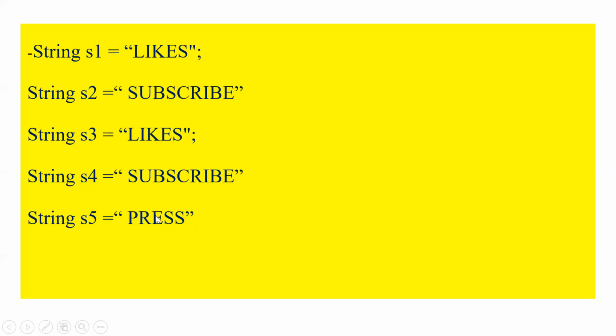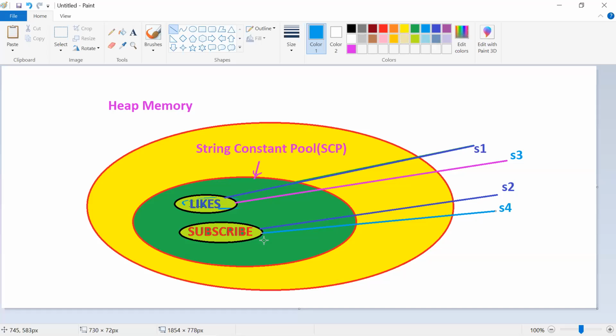Next, string s5 = "press". s5 is the reference and "press" is the object. Let's check the string constant pool. Is "press" present in the string constant pool? No. So what do we do? The object will be created in the string constant pool.